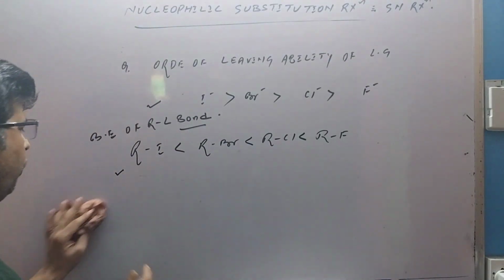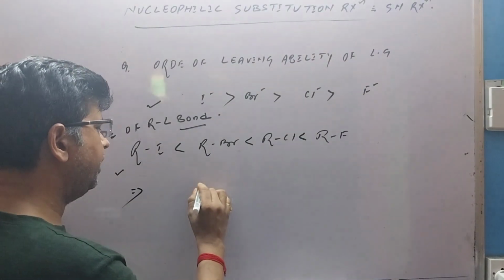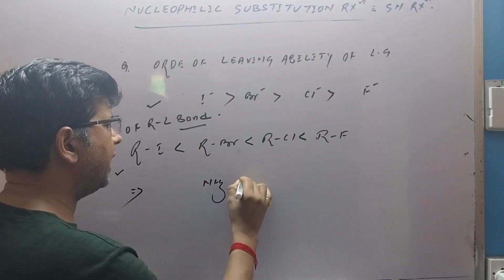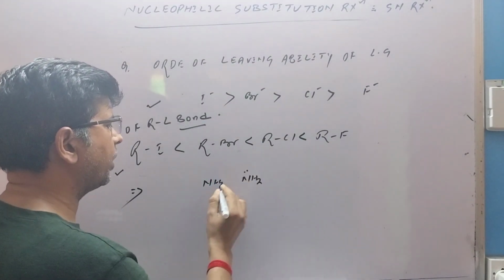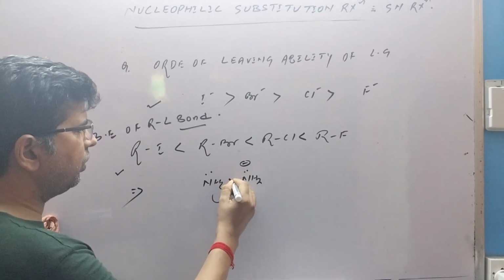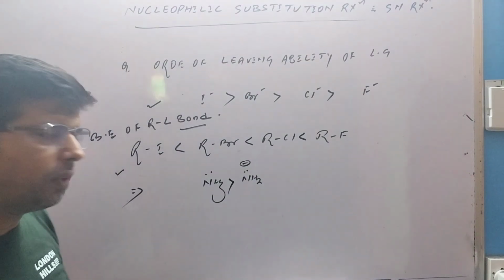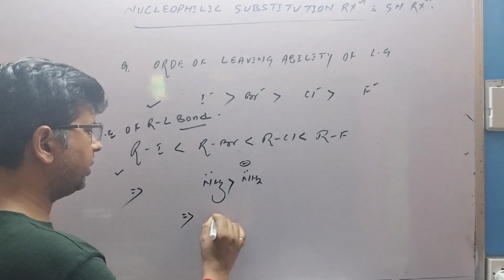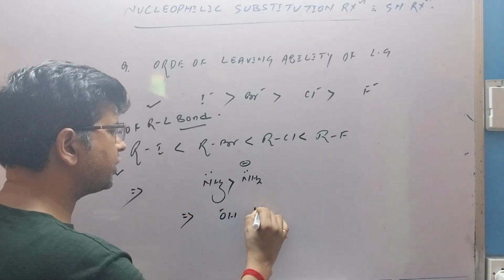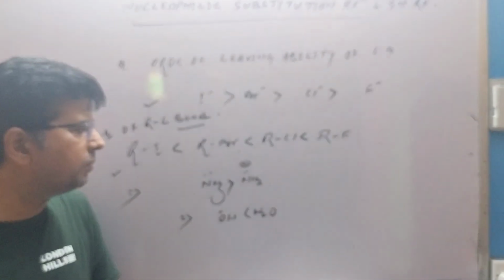Now, a few more examples. As we know, weak bases are good leaving groups. It means if we consider NH3 and NH2 minus, what should be the leaving ability? Definitely, weak bases are good leaving groups. Ammonia is a good leaving group as compared to NH2 minus. Another example, if we consider OH minus and H2O, H2O is a better leaving group as compared to OH minus.